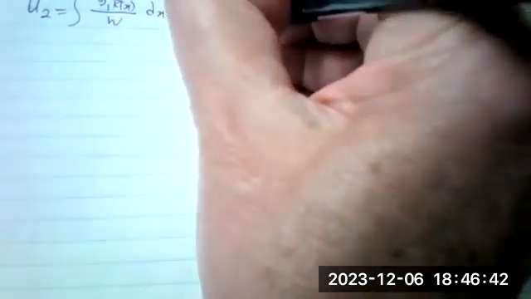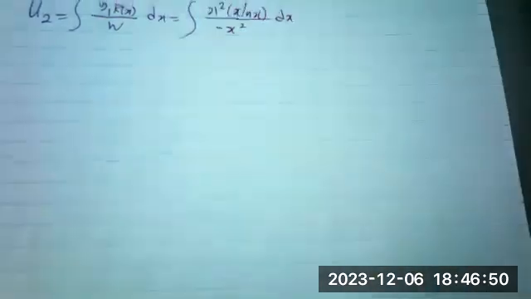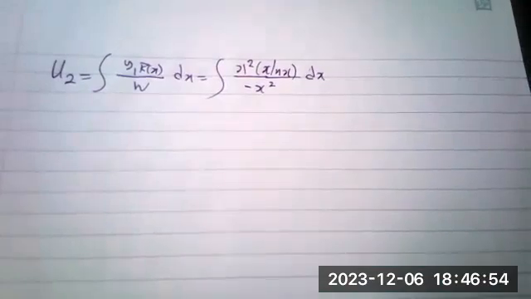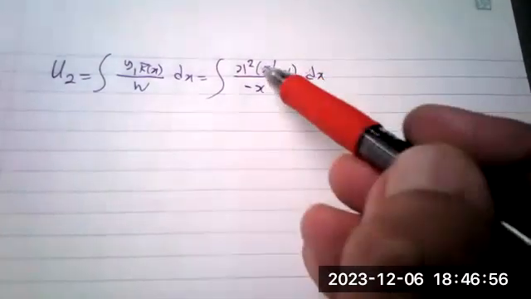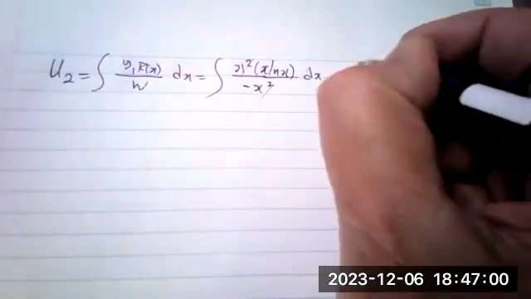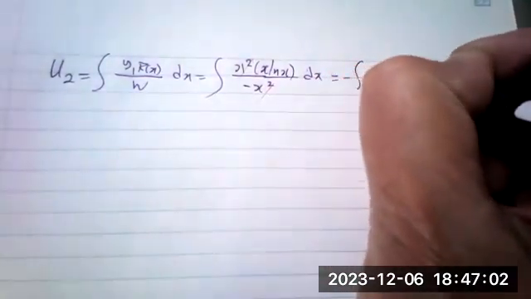And that's the x ln x. And this is negative x squared. So this x squared would be canceled out. What's left over is negative x ln x dx.